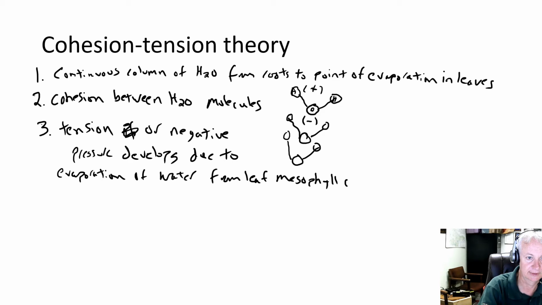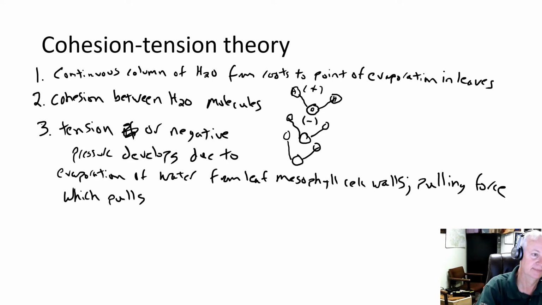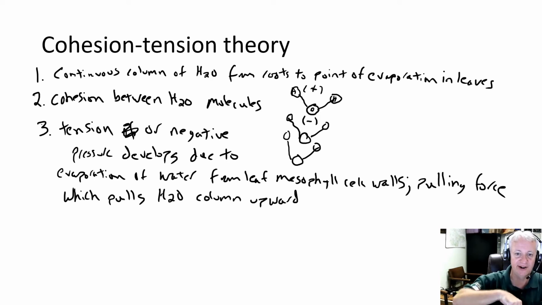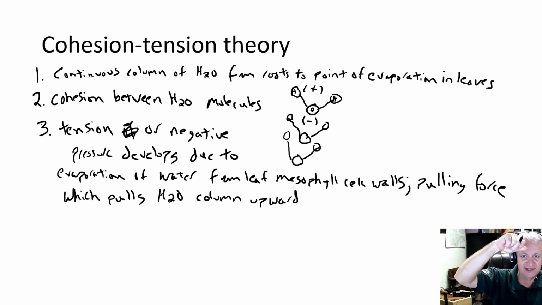And I'll elaborate on this in a minute. So in other words, that evaporation generates a pulling force. Okay? That pulling force pulls the water column upward. Okay, so there's a continuous column of water. The molecules in that water column stick together. As water evaporates from the cell walls, that generates a pulling force that pulls the water column up the tree.